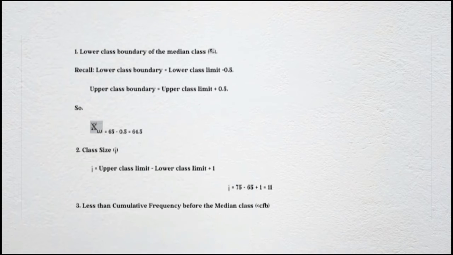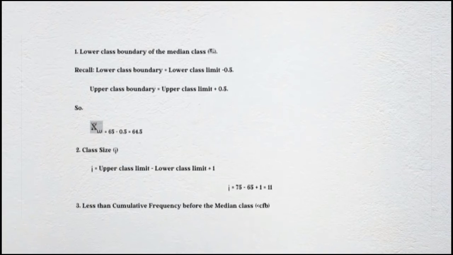So for the class size, upper class limit minus lower class limit plus 1. So we have 75 minus 65 plus 1 is equal to 11. So our class size is 11.